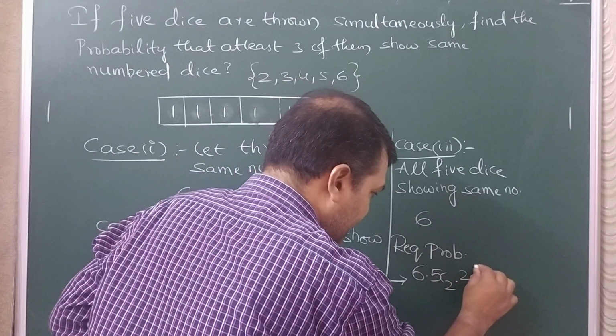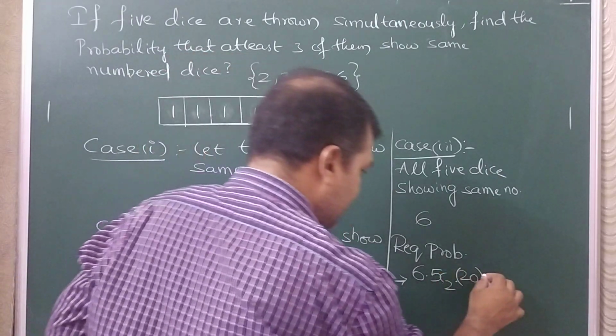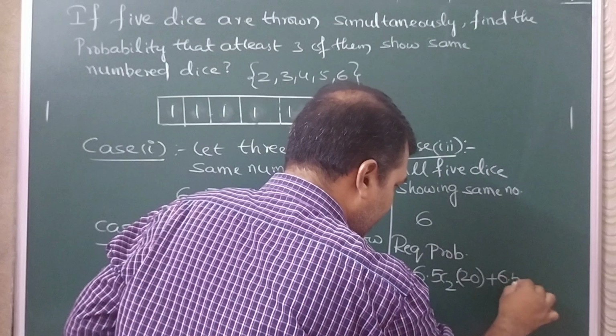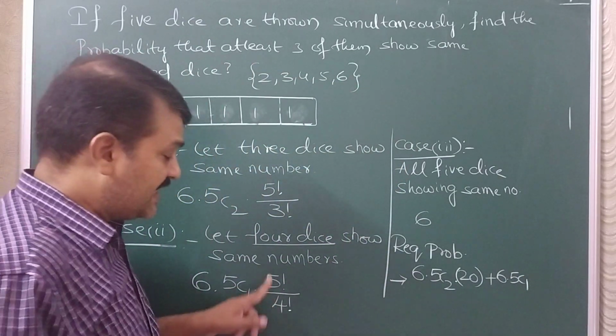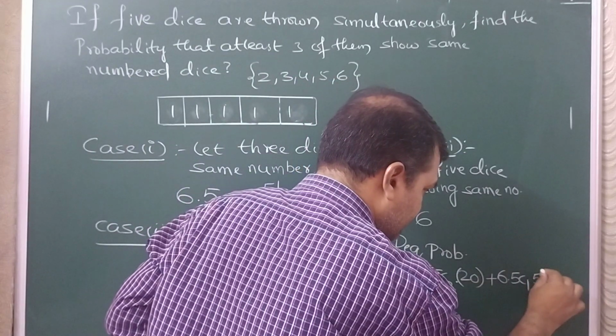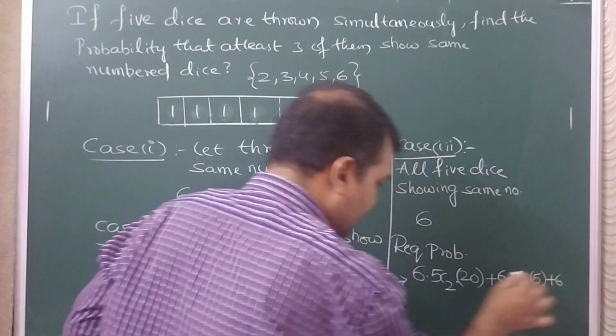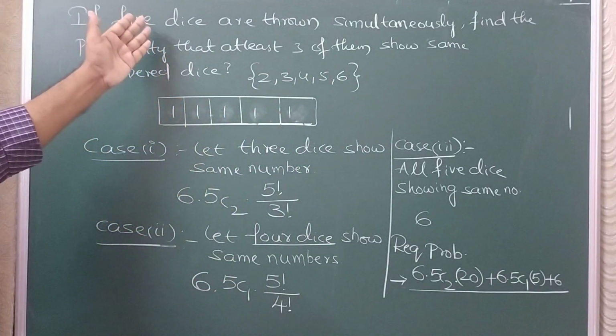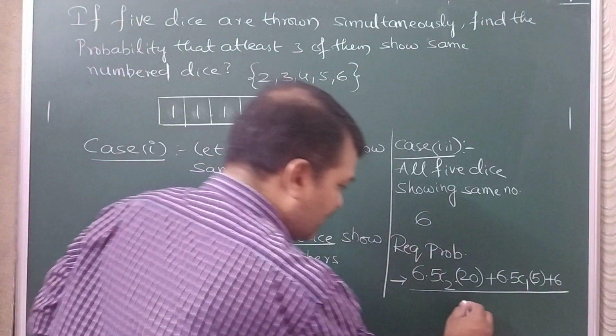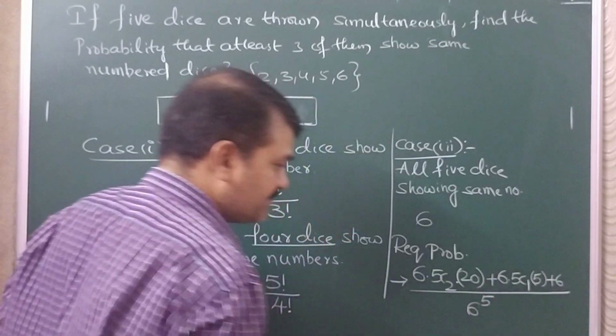So that is 20, plus 6 into 5C1 into 5 factorial by 4 factorial, which is 5, plus 6, divided by what is n of s? When 5 dice are thrown, n of s is obviously 6 power 5.